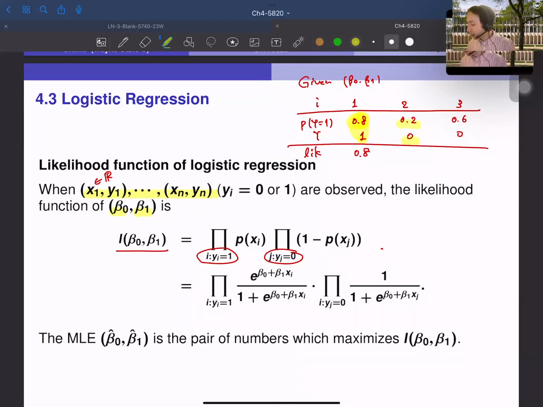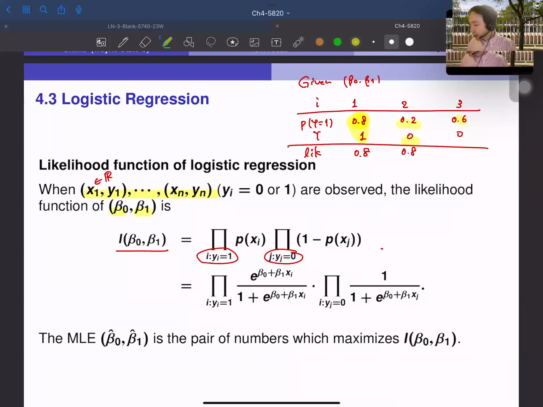That means the probability of y equal to 0 is 0.8, so the likelihood is 0.8. And the last observation: the probability of y equal to 1 is 0.6, but actually y is equal to 0. The probability of y equal to 0 is 1 minus 0.6, so 0.4 is the likelihood.